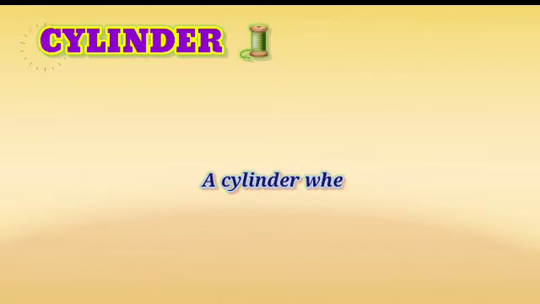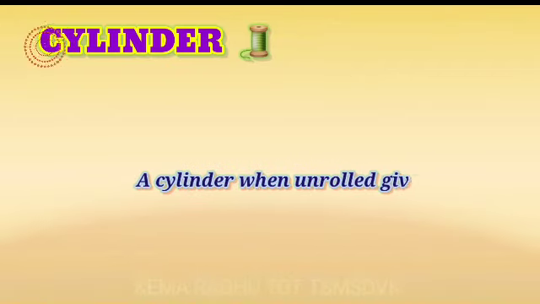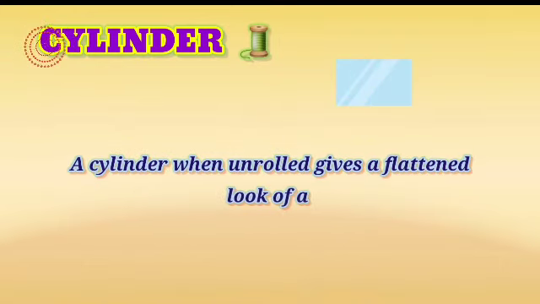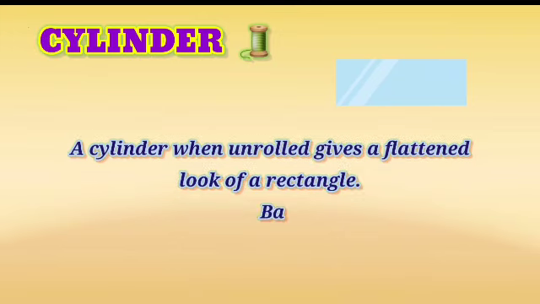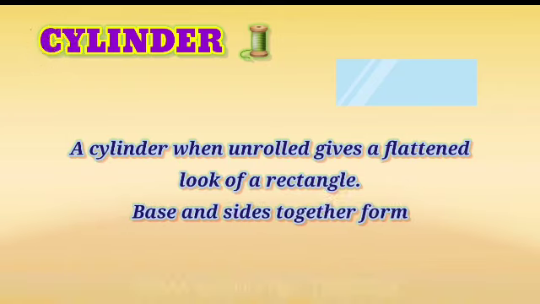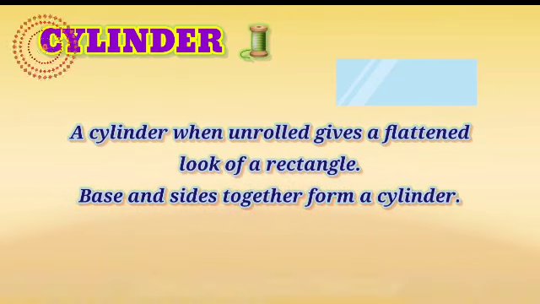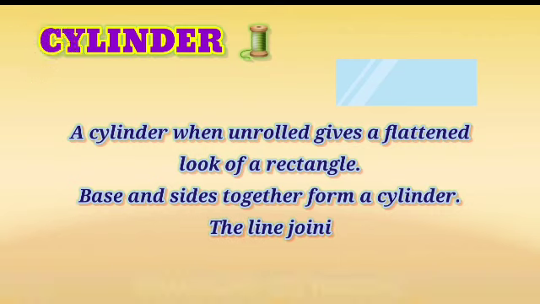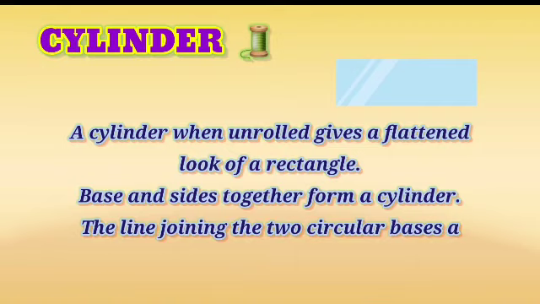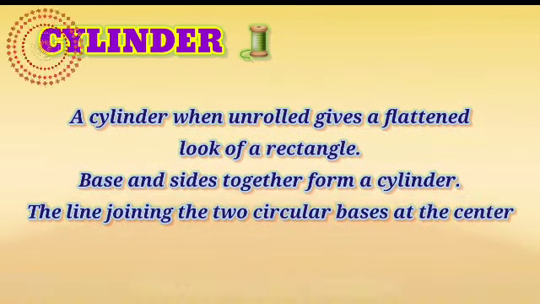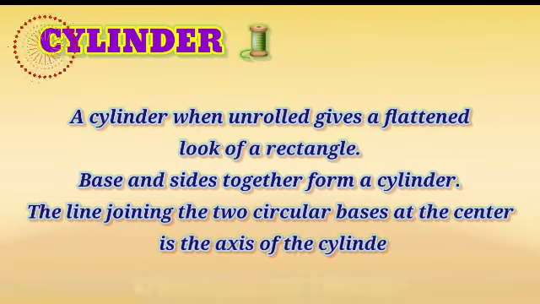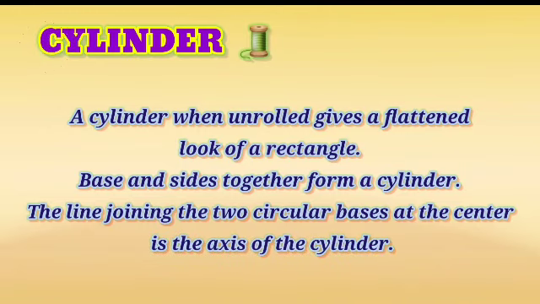Now, a cylinder when unrolled gives a flattened look of a rectangle. Base and the sides together form a cylinder. The line joining the two circular base centers is the axis of the cylinder over which it rolls.